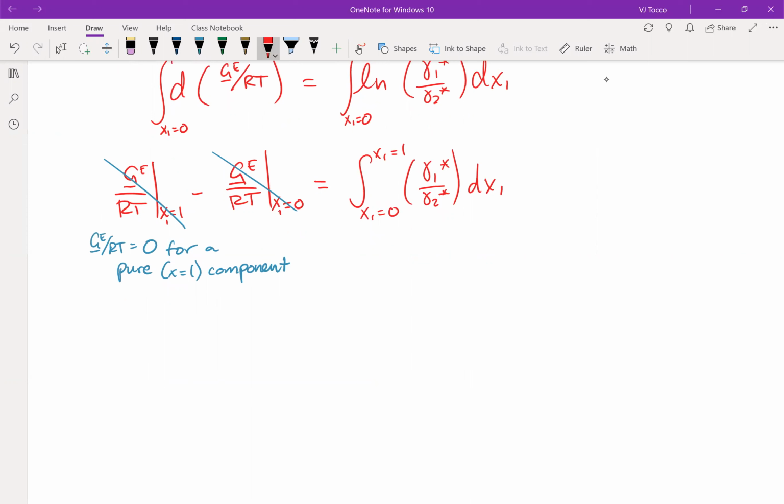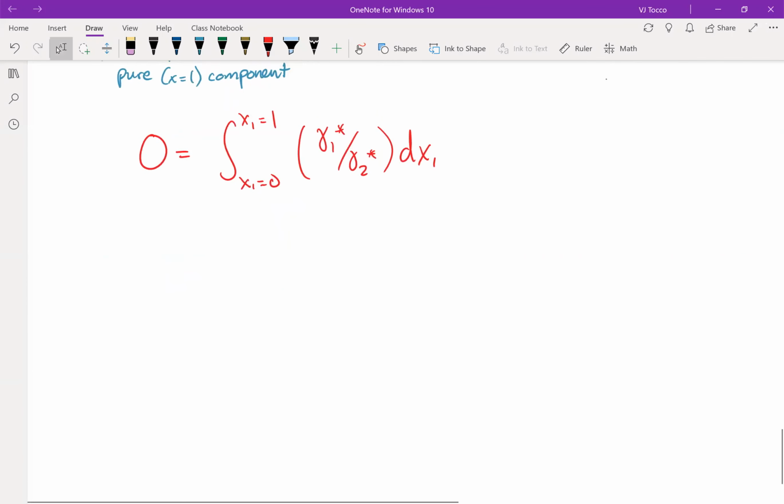So finally, I've got 0 is equal to the integral from x1 equal to 0 to x1 equal to 1 of the ln of the ratio of the experimental activity coefficients must be 0. So if you wanted to go ahead and test the experimental data that I gave you in that example problem the other day, all you do is you take the ratio of the experimental activity coefficients.